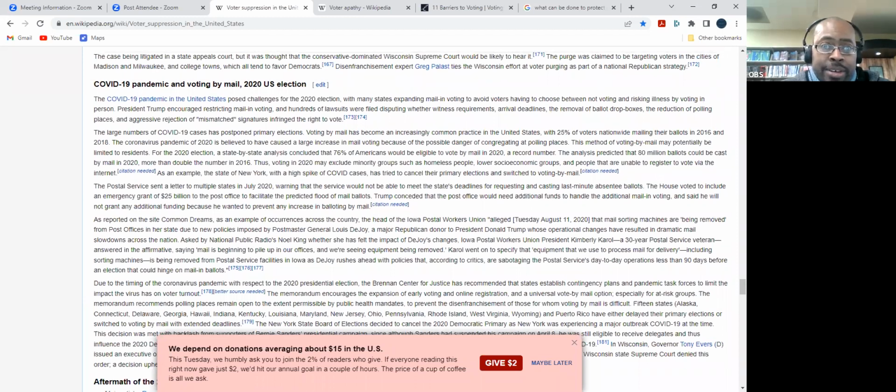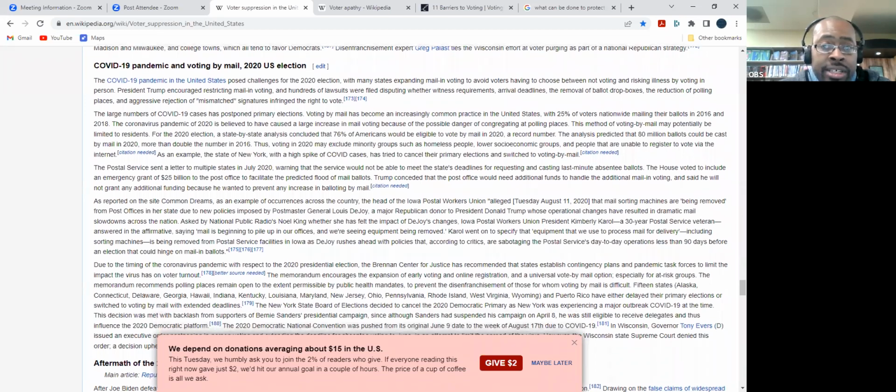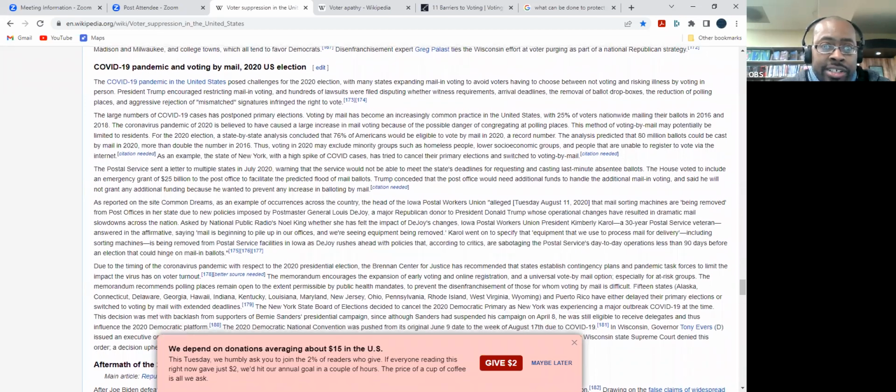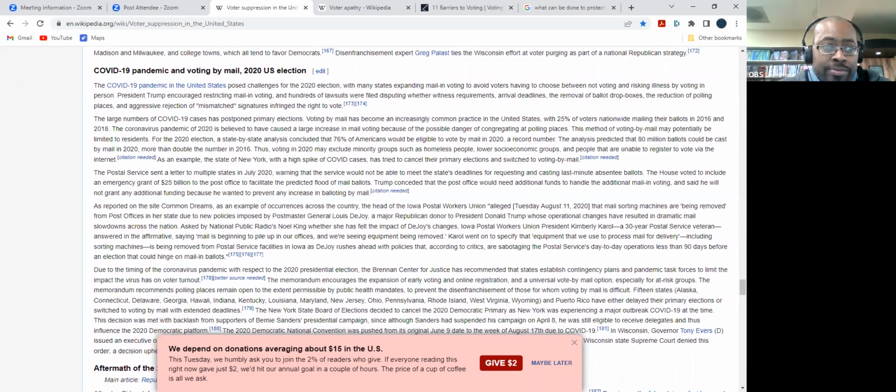We know during the pandemic, mail-in voting was an increasingly common practice because, let's face it, we pretty much were shut down. A lot of people didn't want to go out. And so that's how many states have instituted voting by mail, and a lot of states have switched to vote by mail.